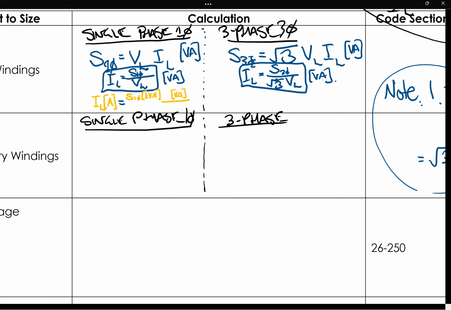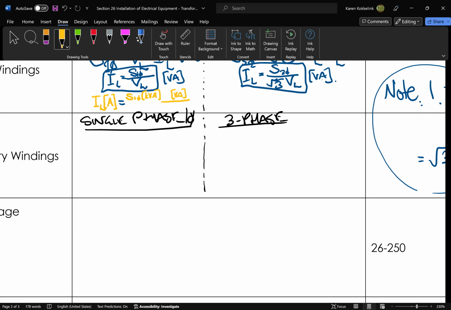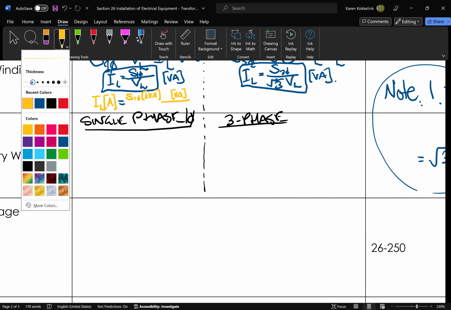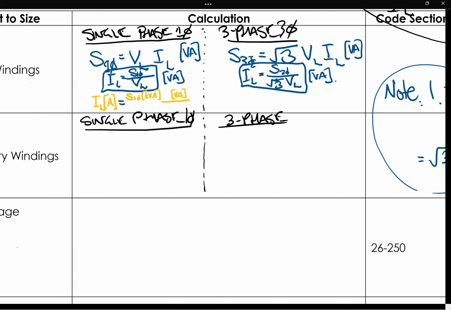You would have to recognize that there's a ratio of 1000 volt amps in 1 kilovolt amp. That's where the 1000 comes from. And then you would also have to divide by VL, because I said that's on the denominator. 1 over VL is the same as dividing by VL, and that is in volts.